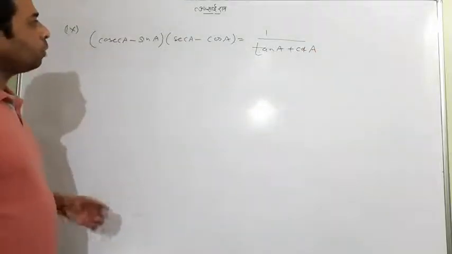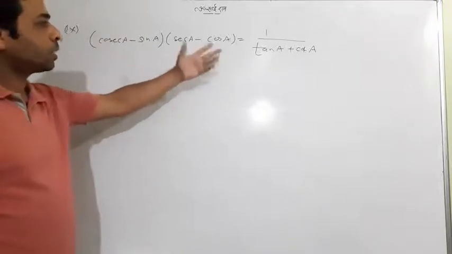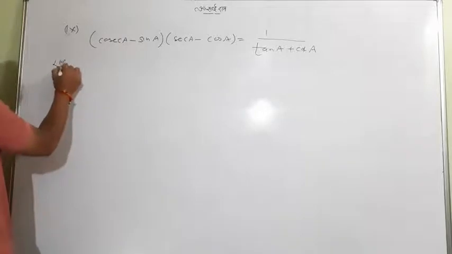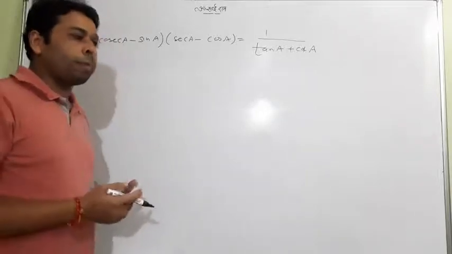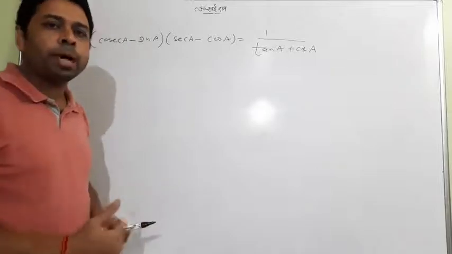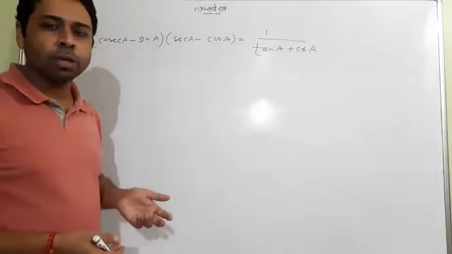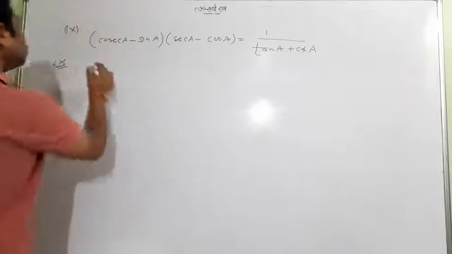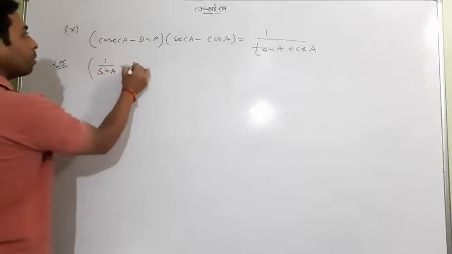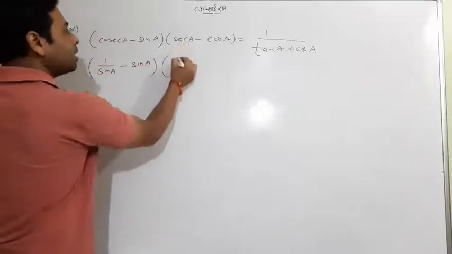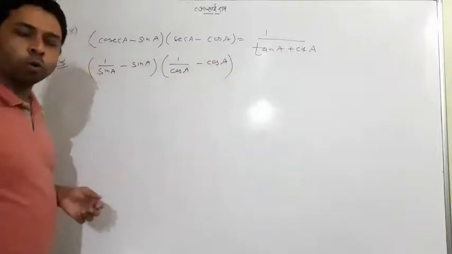So okay, as usual we do, we have (cosec a minus sin a)(sec a minus cos a), we have the LHS, and till now what I used I will apply the same. In maximum questions we only apply the same method to convert our cosec and sec in the form of sin and cos, because sin and cos are the easiest terms. So cosec is a reciprocal of sin minus sin, sec is a reciprocal of cos minus cos. That is simple. Hope you got.